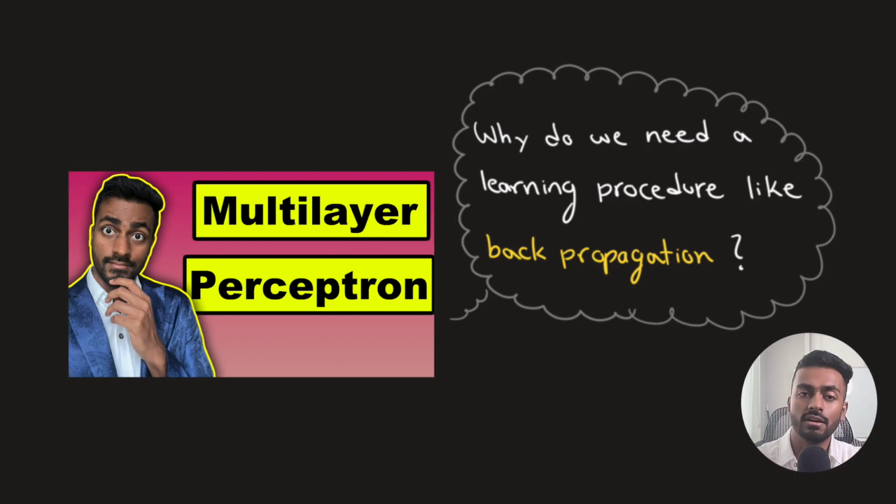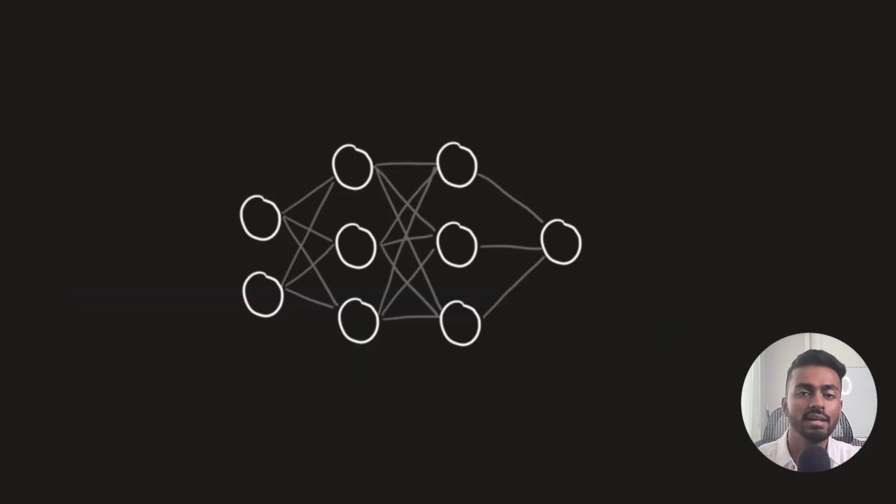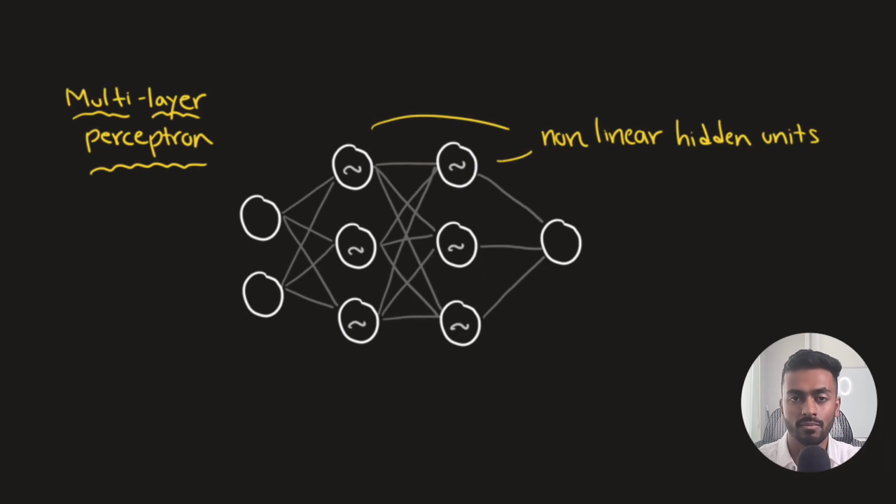In our last video, we looked at multi-layer perceptrons and mostly asked the question of why we even need backpropagation. The answer is that in our multi-layer perceptron, we add multiple layers of non-linear units so that we can recognize more complex patterns.